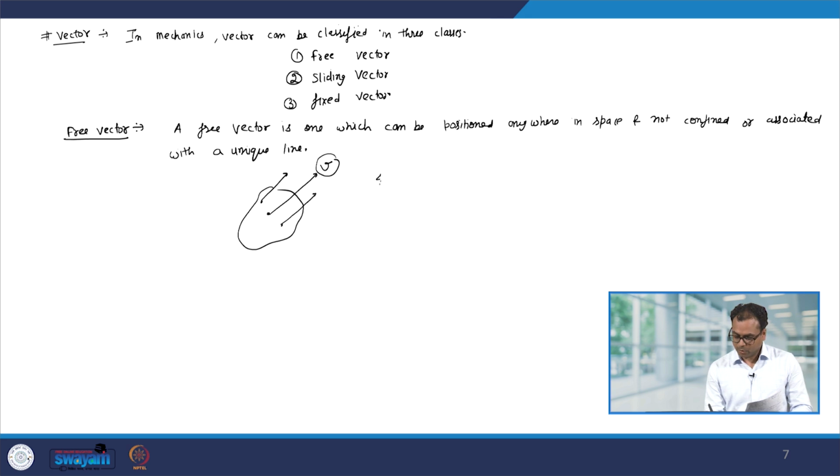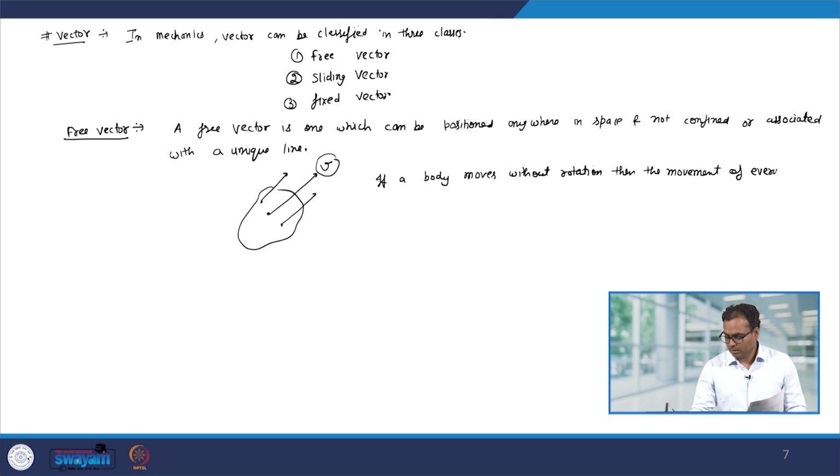So, if a body moves without rotation, then the movement of every point in the body can be described by this vector v.